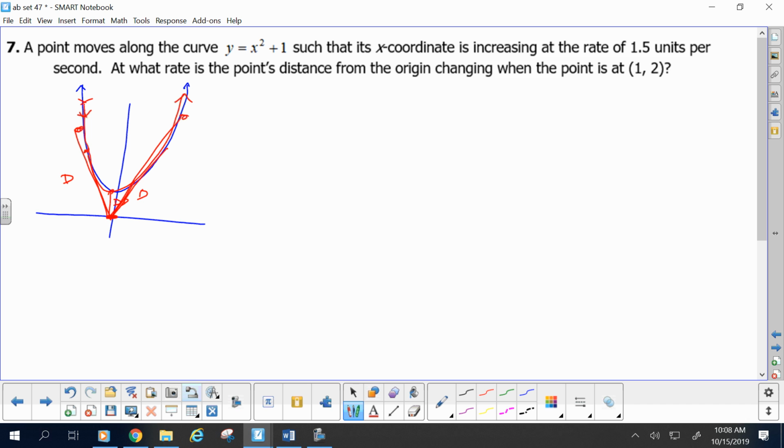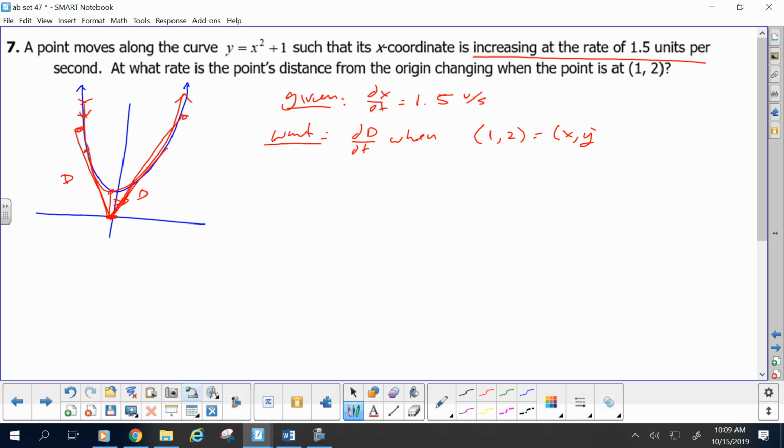All right, so given, what are you given? dx/dt is 1.5 units per second. All right, what do you want? The dD/dt when the (x, y) is (1, 2), yeah?